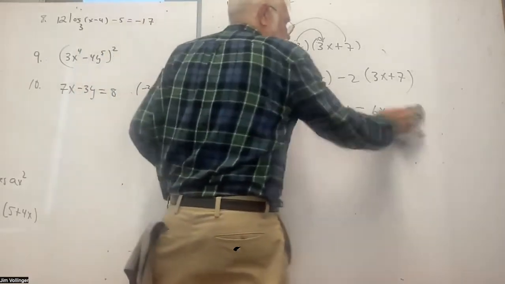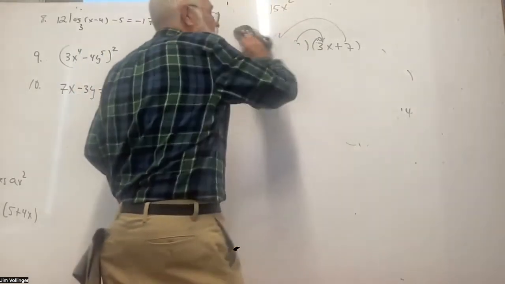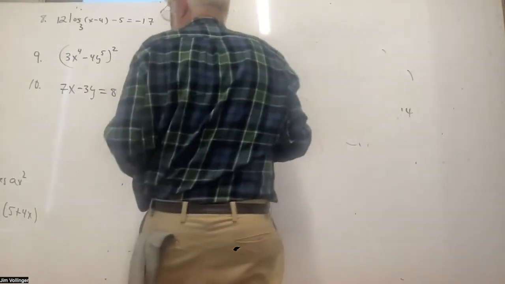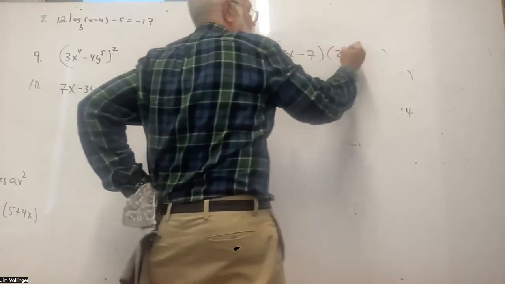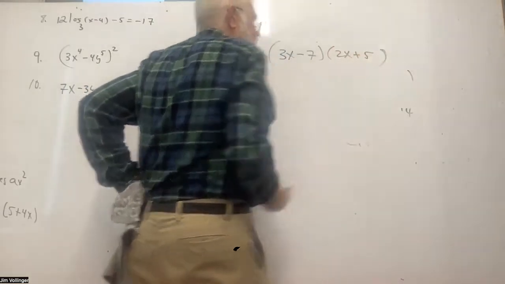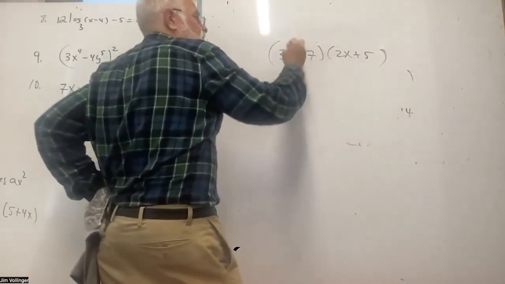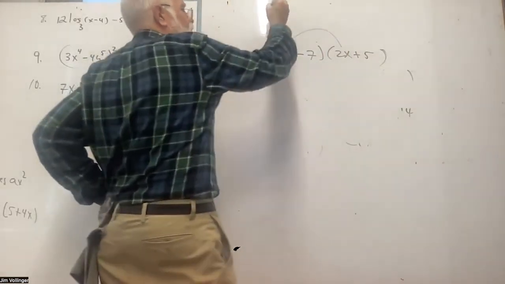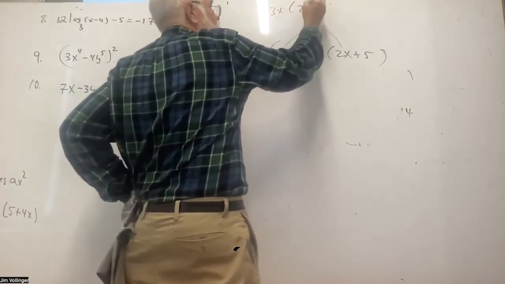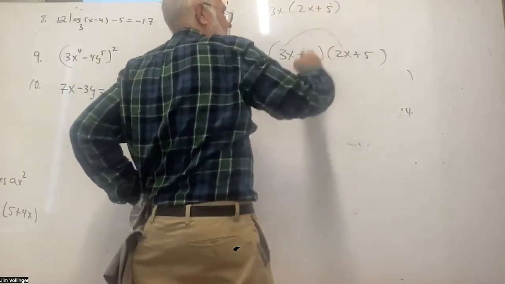All right, so let's do one more of those. You're pausing the video. I'm just trucking along. So let's look at 3x minus 7 times 2x plus 5. I'm seeing 3x squared, so that's the first multiplication. If you need to, you write 3x times 2x plus 5, minus 7.